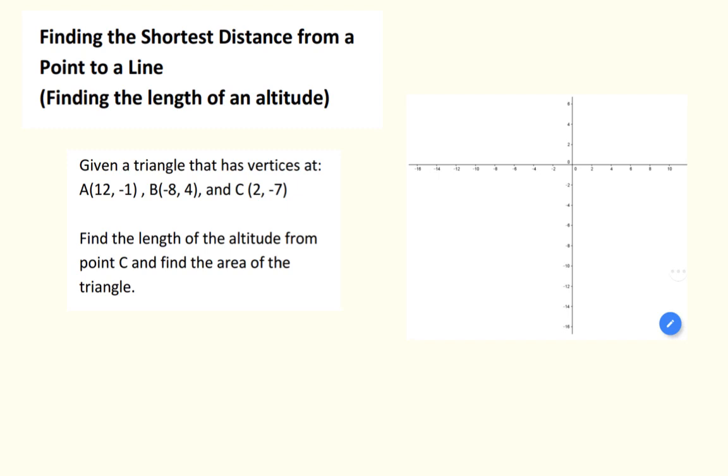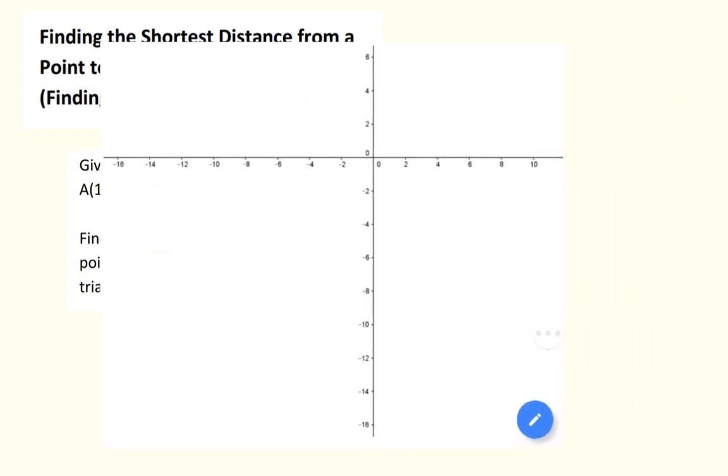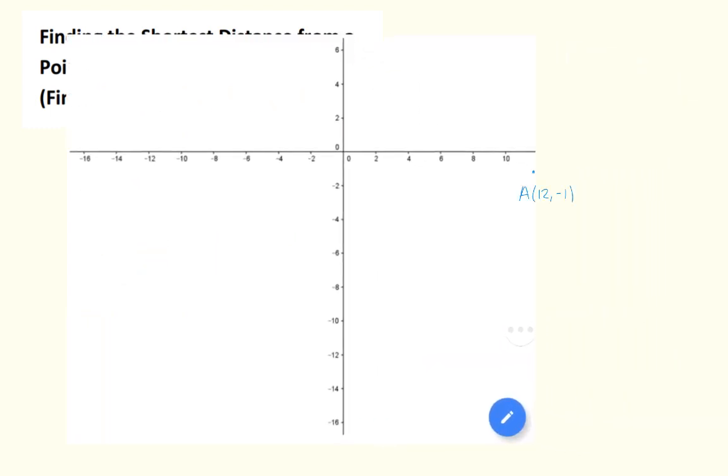And of course, the first thing we would do is plot the information that we have. And there you go. Without doing any calculations, maybe it's worth actually drawing in what I think the altitude looks like.